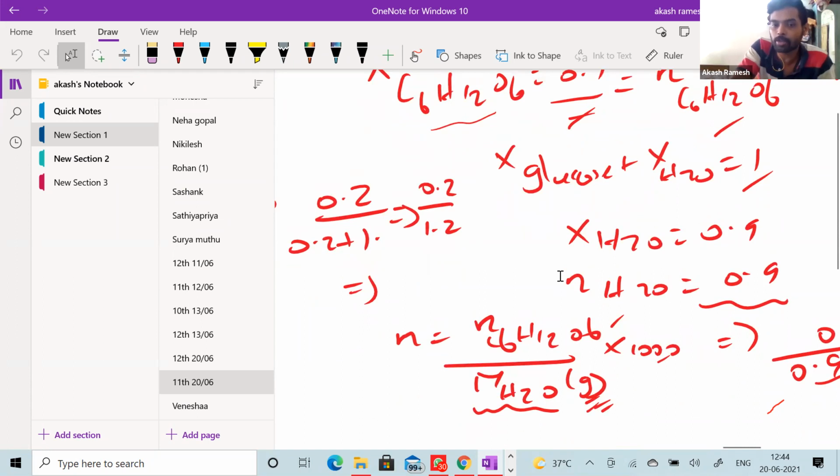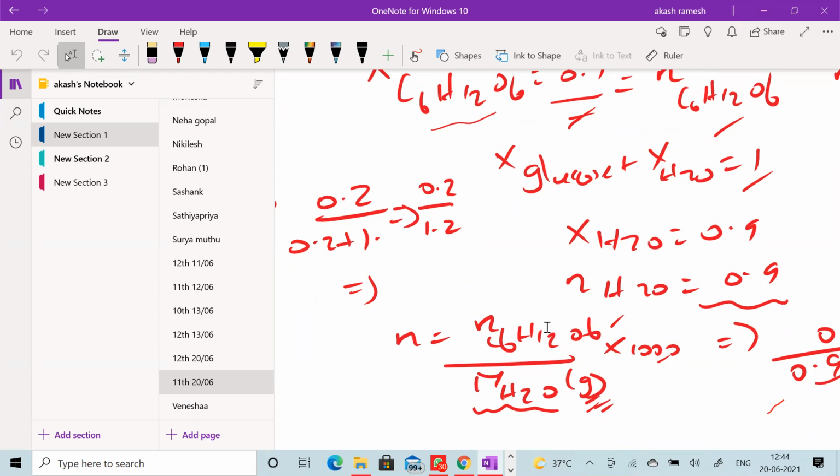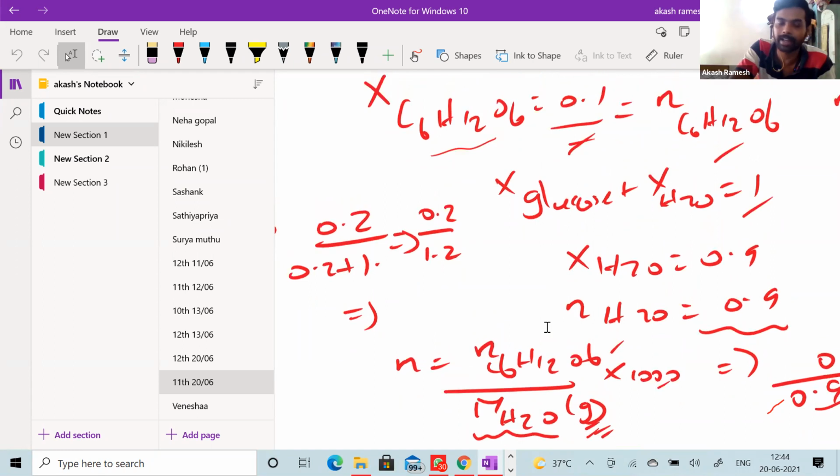The only difference would be instead of putting the number of moles of C6H12O6 here, you'll be putting the number of moles of water here. That's the only difference. But 99% of times, I would even say 100%, they will not ask you anything like that. Whatever the concentration term, we calculate only for the solute, not for the solvent.